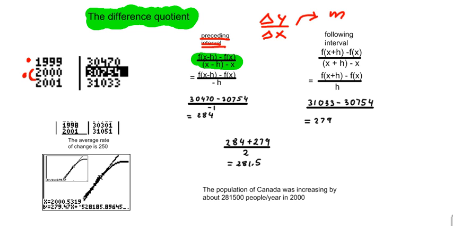Then we will work with the following interval, which means since my objective is 2000, then I will find a point next to 2000, which is on the right-hand side, which is 2001. So we will define two different values of the slope with 99 and 2000 and 2000 and 2001.